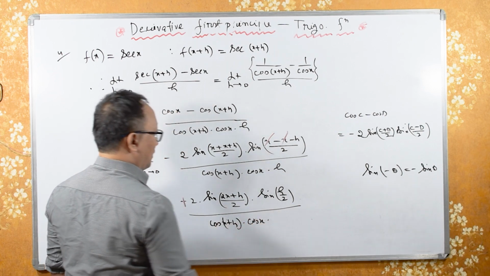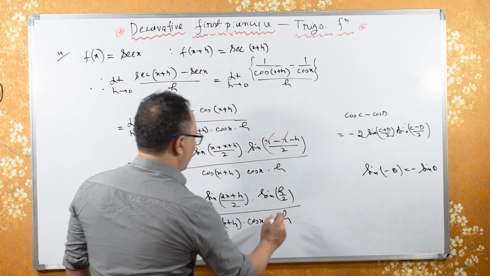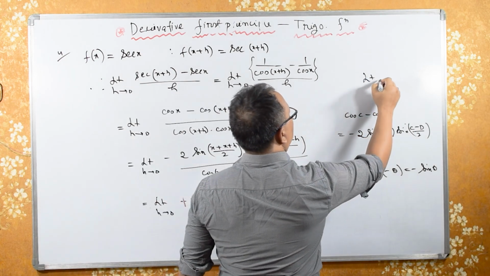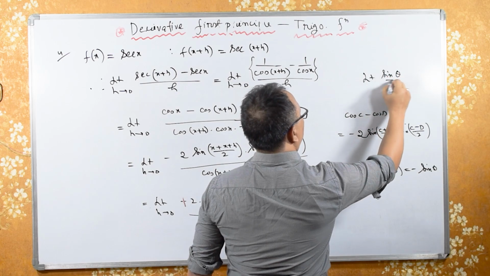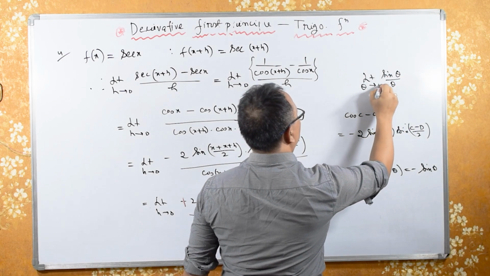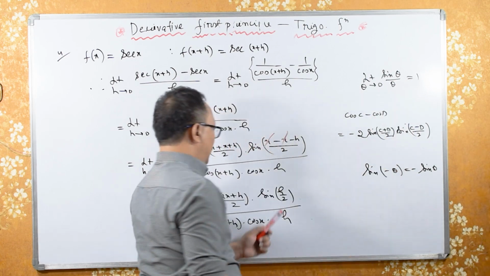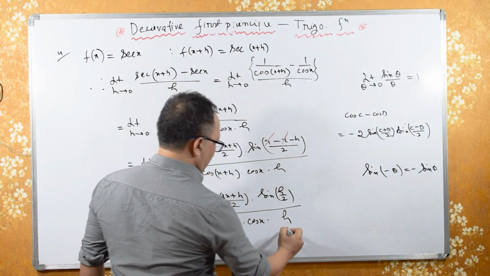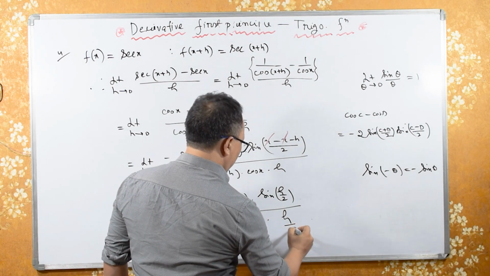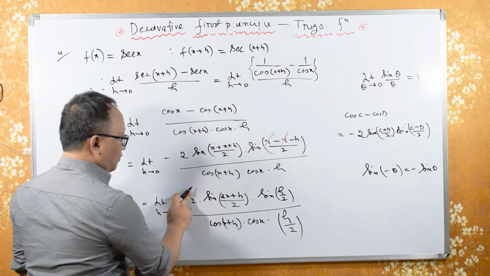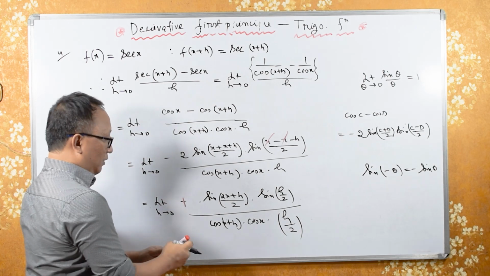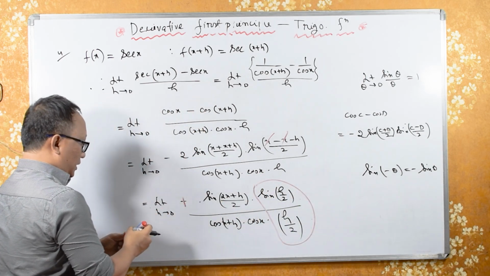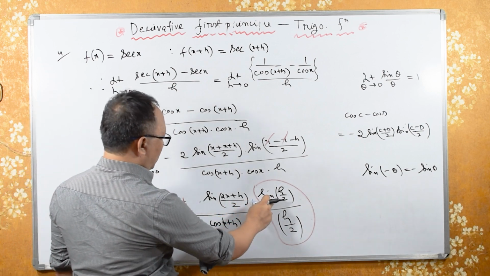Cos of x into h. Now we have the formula limit of sine theta upon theta, where theta tends to 0, is 1. So for this angle, it should be the same angle, so I can bring these two down. Here I can bring 2 down. Therefore, when h tends to 0, this becomes 1.